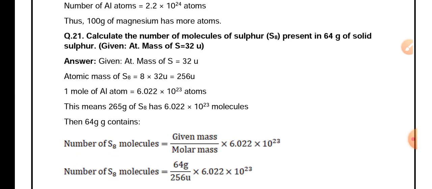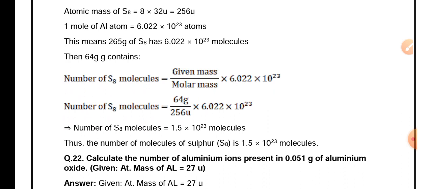Here 64 grams contains a number of S8 molecules equal to given mass divided by molar mass into 6.022 into 10 to the power of 23. The number of S8 molecules is 64 grams divided by 256 u into 6.022 into 10 to the power of 23. The number of S8 molecules is 1.5 into 10 to the power of 23 molecules.